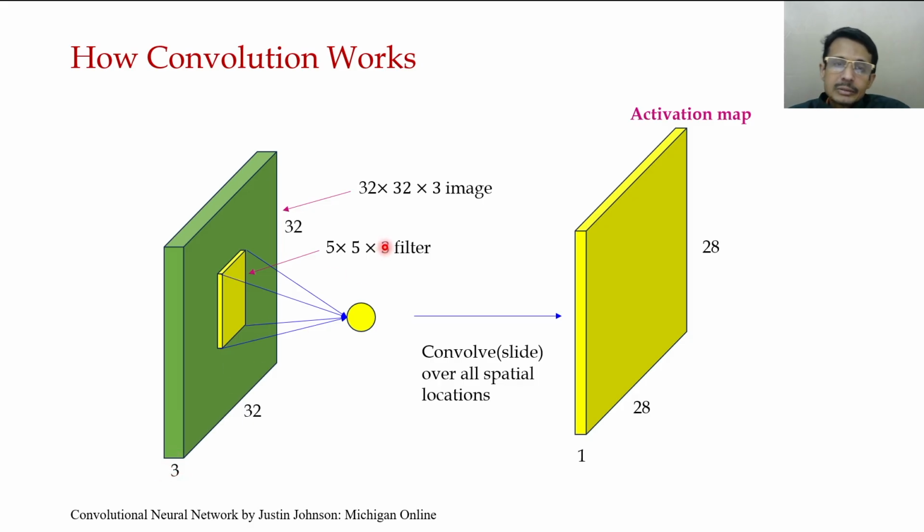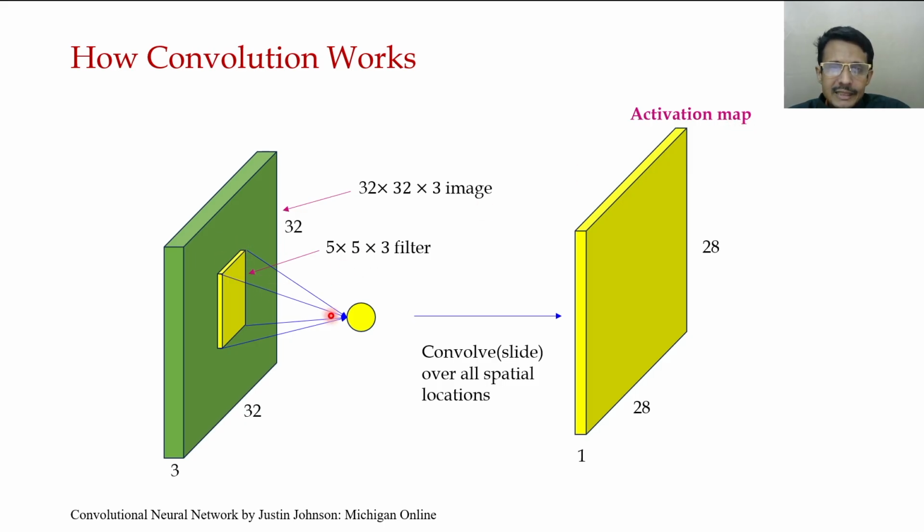As we discussed earlier, this filter kernel or convolution kernel is placed at a certain position and slides over the whole image patch. We convolve or slide over all spatial locations, and if we do this, we get the resultant image, or we can say the activation map.